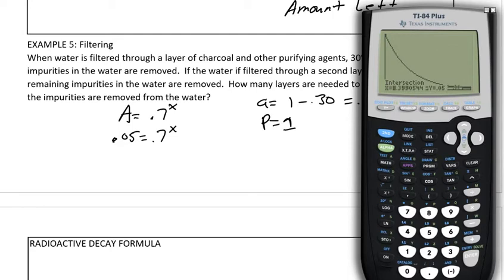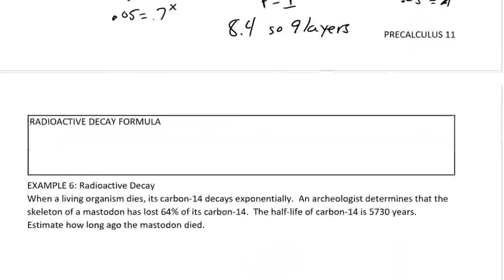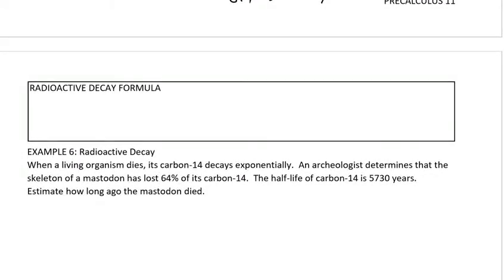Our last example here, radioactive decay. The amount of a radioactive substance that remains is given by f of x equals P times 0.5, or 1/2, to the x divided by h power.